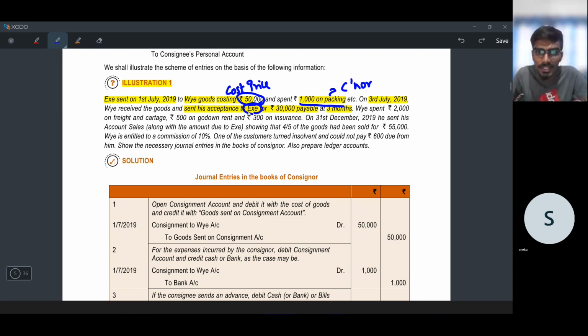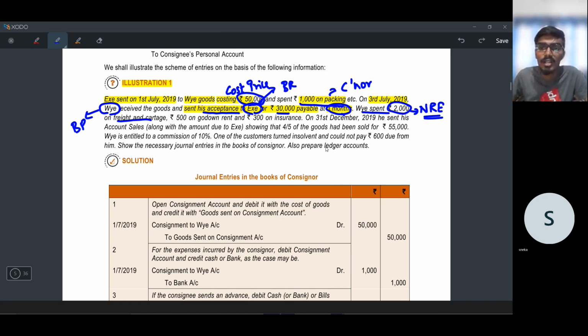E is the consignor, and W's acceptance is bills payable for W and bills receivable for E. W spent 2,000 on freight and cartage, which is the consignee's non-recurring expense. 500 on rent and 300 on insurance are recurring expenses for the consignee.